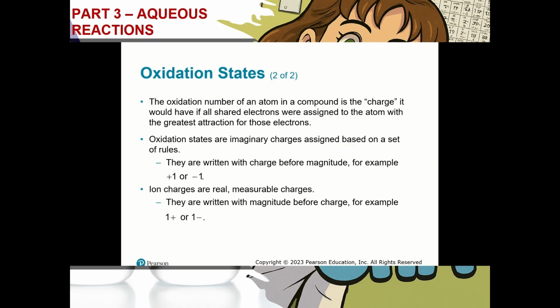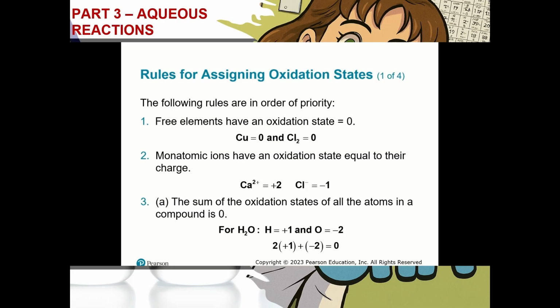First, we need to know that oxidation states are imaginary charges assigned based on a set of rules. They are written with the sign before the magnitude, for example, +1 or -1, while ion charges are real measurable charges, written with the magnitude before the sign, for example, 1+, 1-. The following rules are in order.